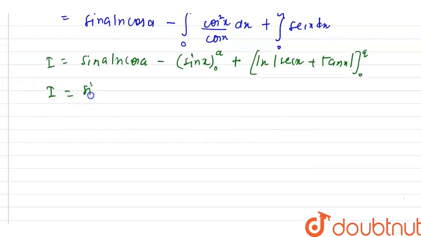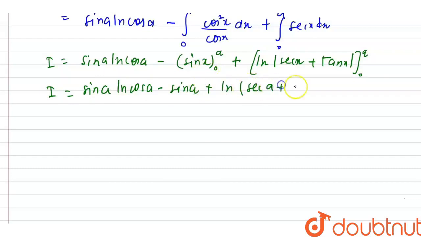Now I'm going to apply the limits here. So it will be equal to sin a ln cos a minus sin a. On putting 0, it will be 0, plus ln|sec a + tan a|. On putting 0, sec 0 is nothing but 1, and tan 0 is 0.